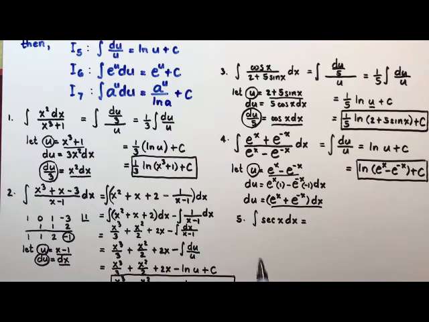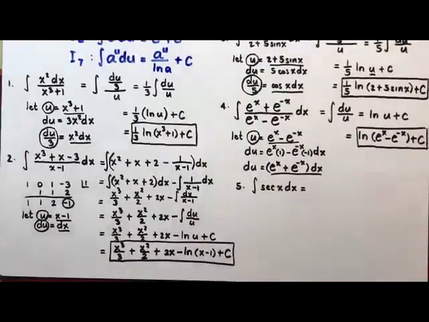Now, in this integrand, which is secant x, I have not introduced to you the formula for the integral of secant x. So how are we going to integrate this one? We will use a clever technique.